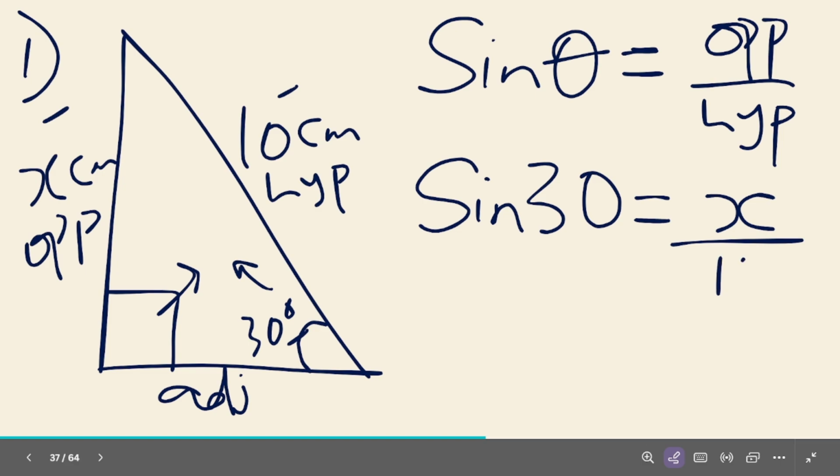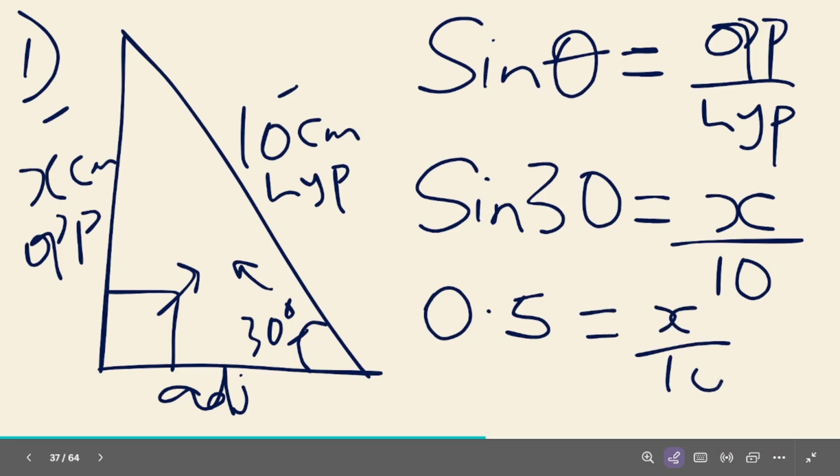Then hypotenuse is 10. Then in this case, I'll use decimal. So use the calculator I taught you in the previous class and look for sine 30. When you do that, you're going to have 0.5. Then you just bring down your x over 10.